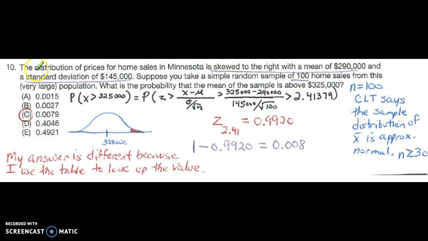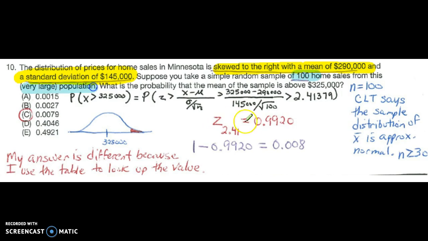Number 10, we're talking about the price of homes. It's skewed right because we have some homes that are very expensive. So I have a mean and a standard deviation. I am not using proportions. I'm using means, so I could use the central limit theorem here. It says, suppose we take a simple random sample of 100 from a very large population.